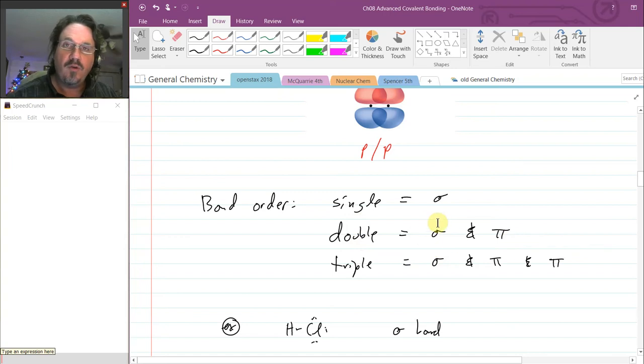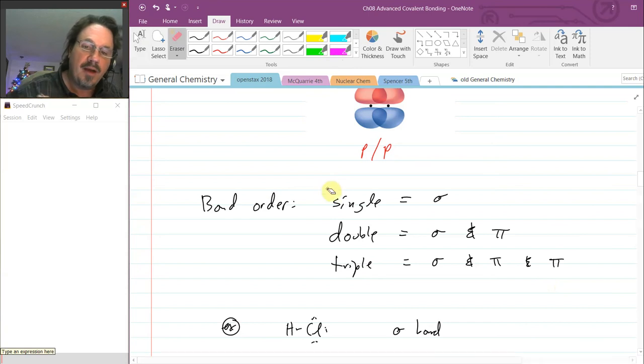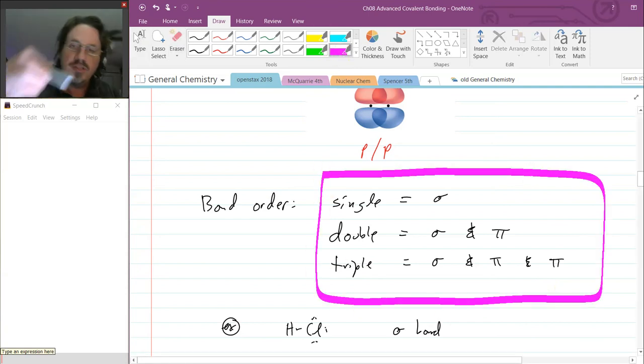One overlaps in one region, and the second bond of the double bond overlaps in two regions. For a triple bond, it's a sigma, a pi, and a second pi. Always going to be true. You can definitely box this. It's very, very important to remember, and there are no variations ever in that.